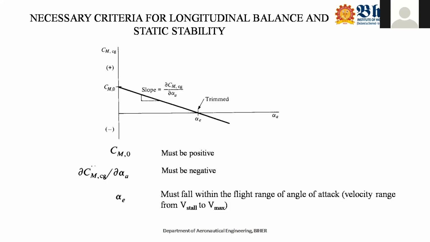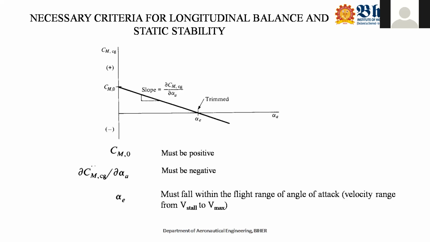And how about your alpha E? Yes. So if you need a balanced condition, then your alpha E should range between the maximum angle of attack and the minimum angle of attack. So like it should be with respect to the velocity.